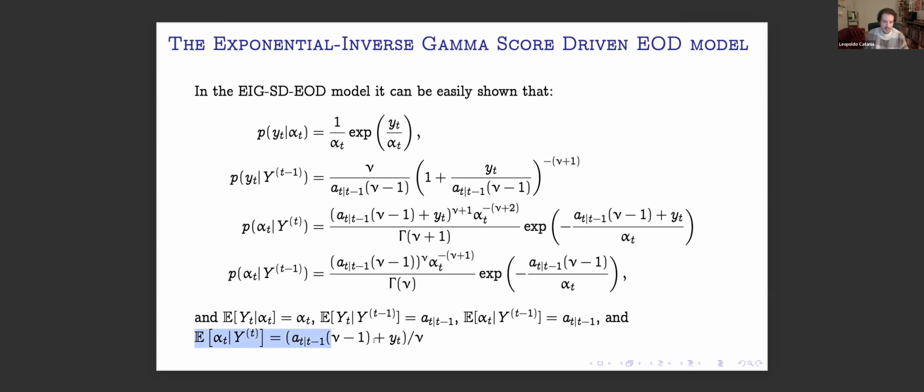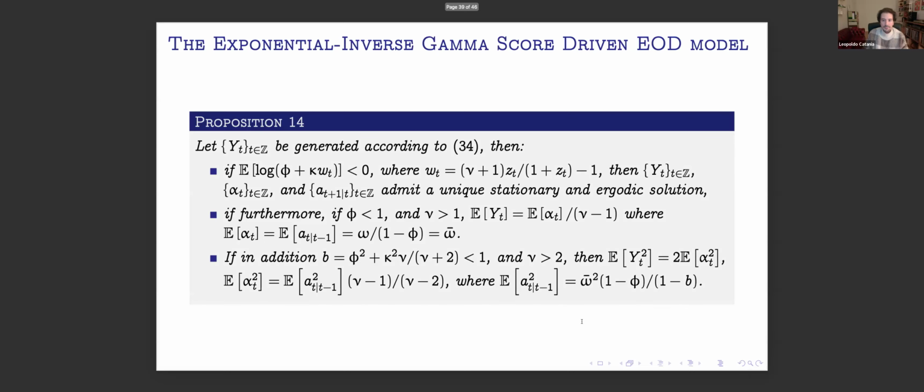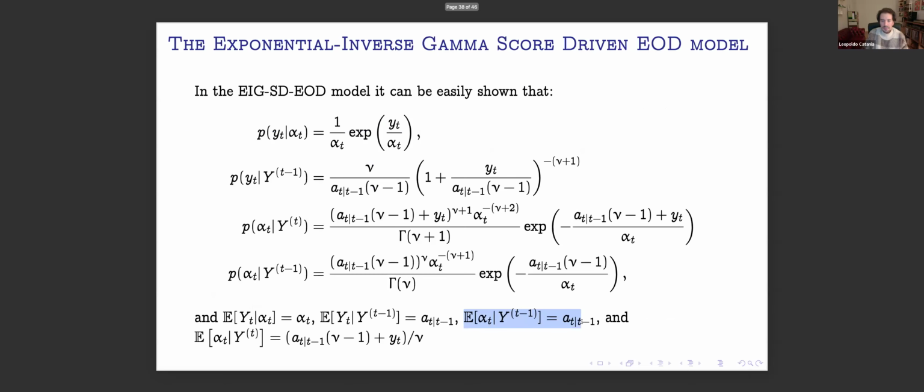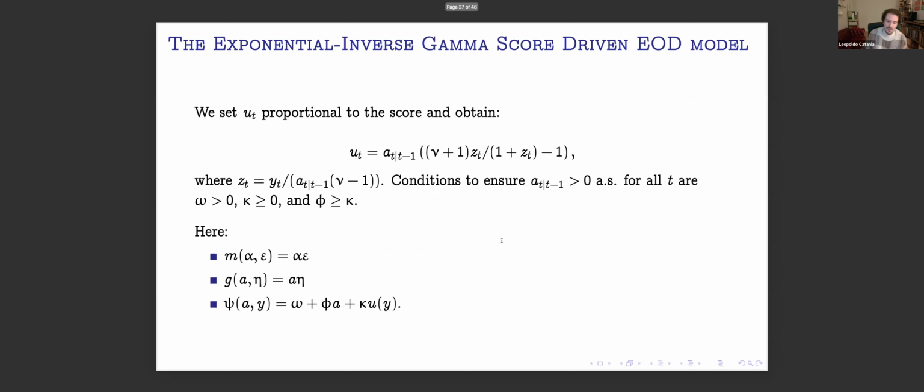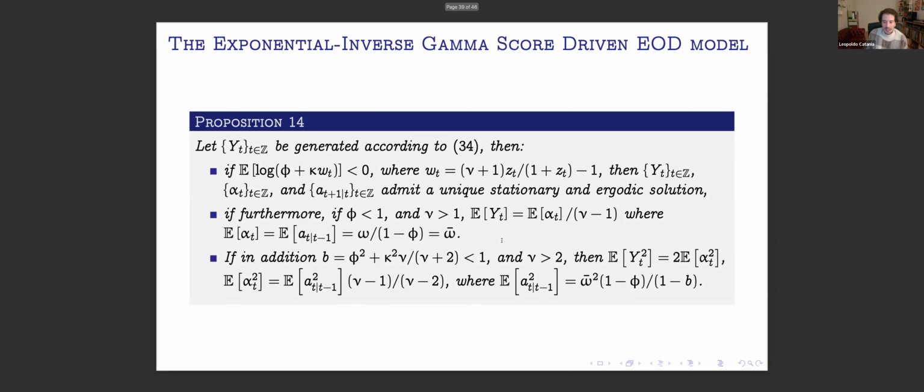Now, exploiting these two results, this expression for the filtered estimates and this expression for the predictive estimates, we can rewrite this recursion as a function again of filtered and predictive estimates of the state variable, which to me is quite cool. And then I have some results about existence of a solution.